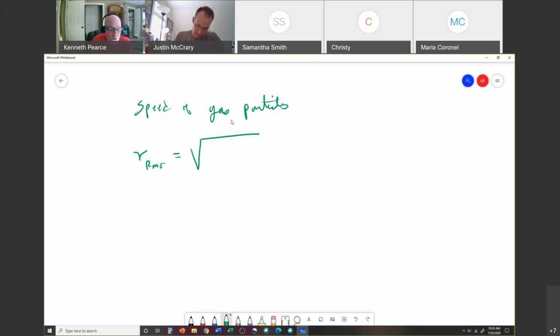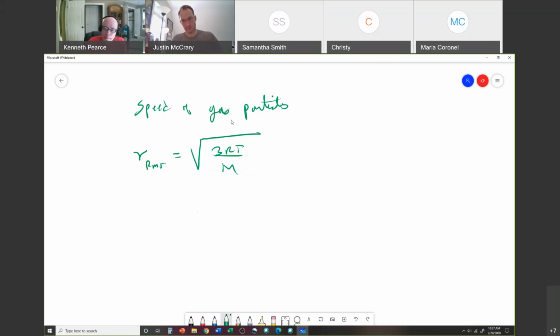And that is the square root of, I believe it is 3RT over the molecular mass. All right. Now, this is an average velocity.